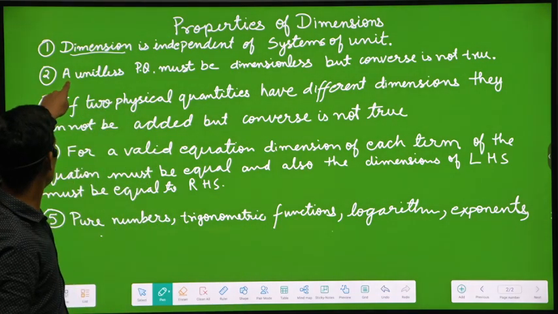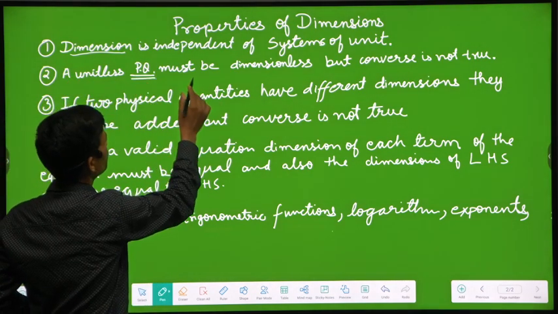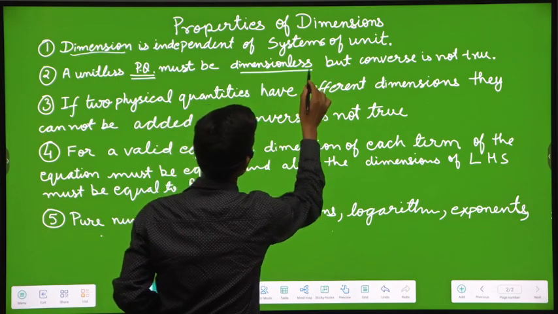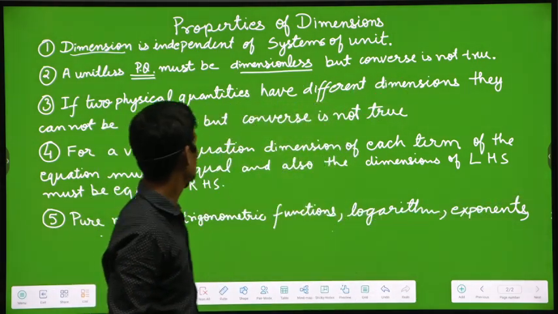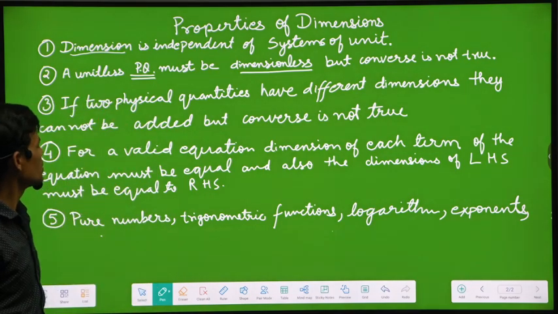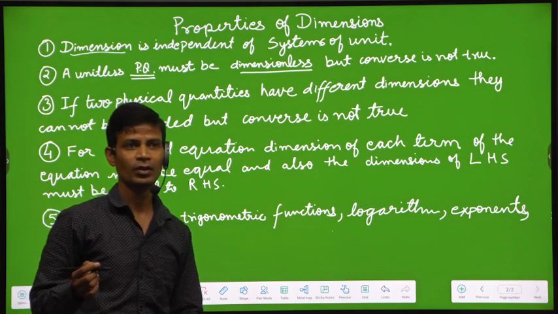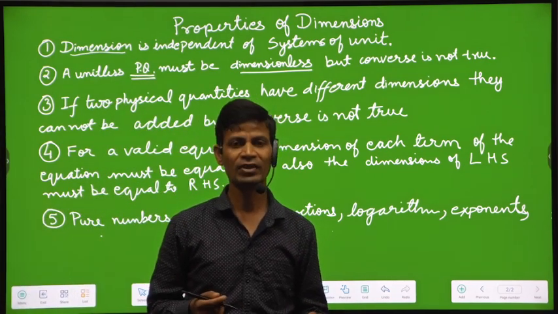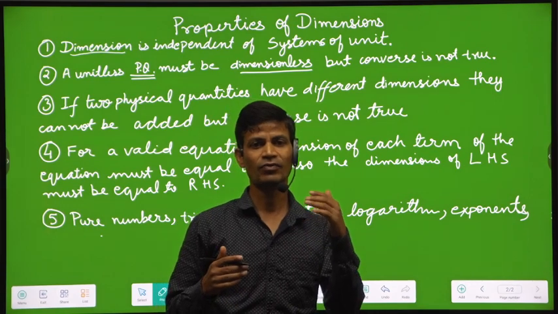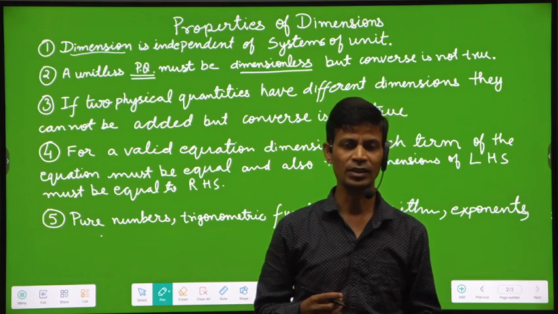Next, a unitless physical quantity must be dimensionless, but the converse is not true. Remember this thing. What are unitless physical quantities? Like if I talk about refractive index. So refractive index is velocity of light in vacuum to velocity of light in a medium.